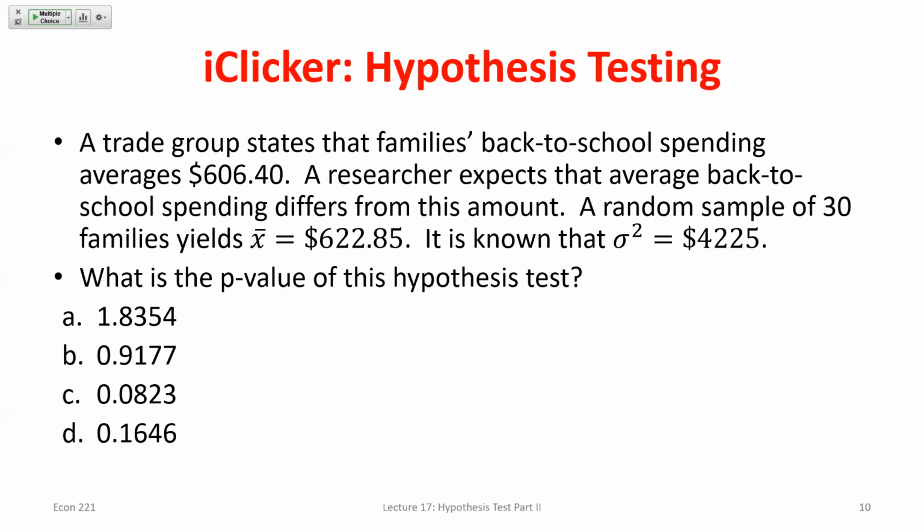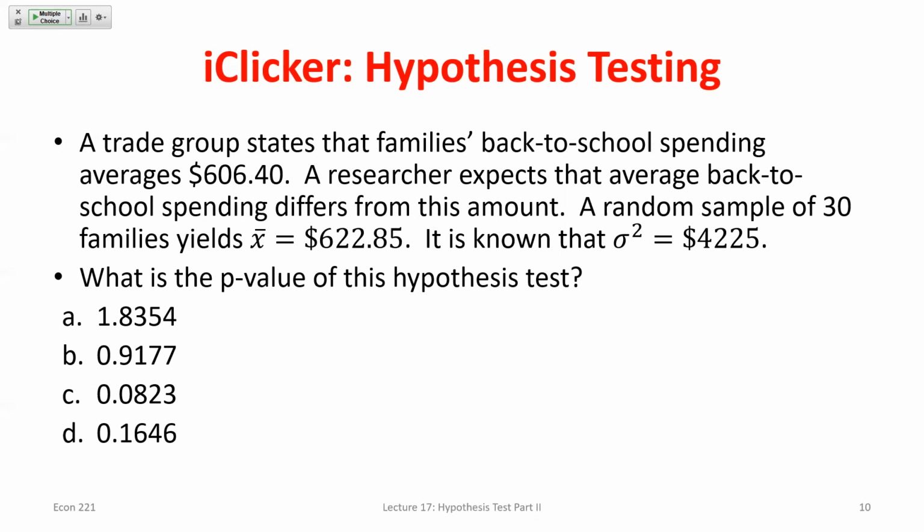We saw a sample mean of 622.85. So before we even do anything, we're looking for the probability we saw that or anything more extreme. But it would have been equally as likely for us to see sample evidence on the other side of the distribution that also went against the null.